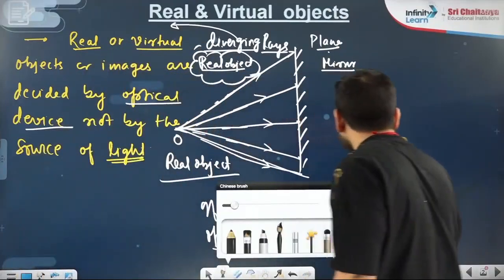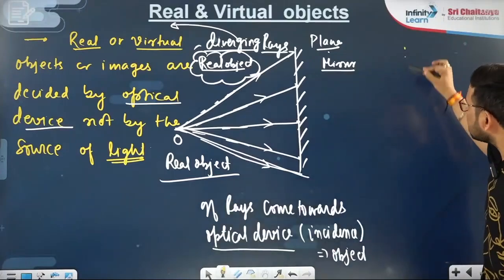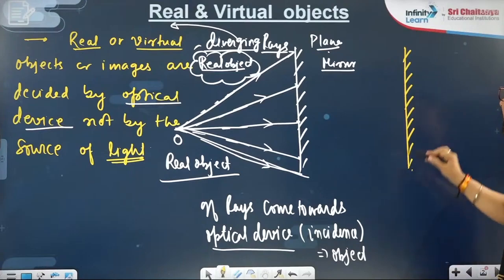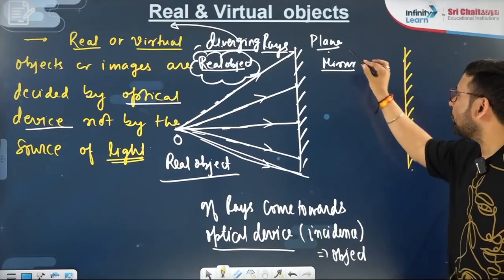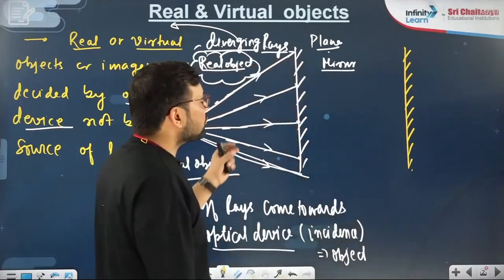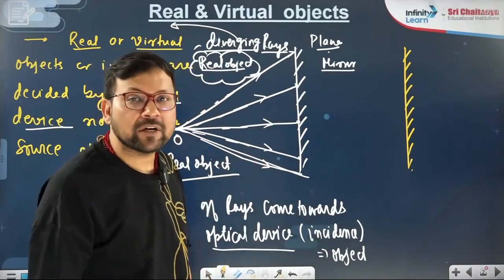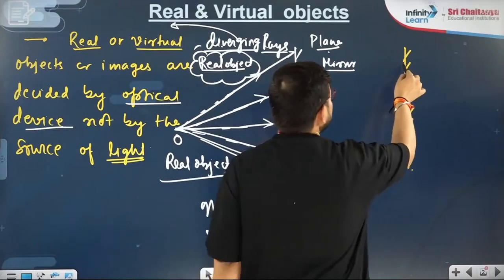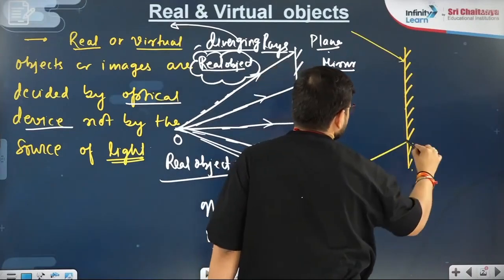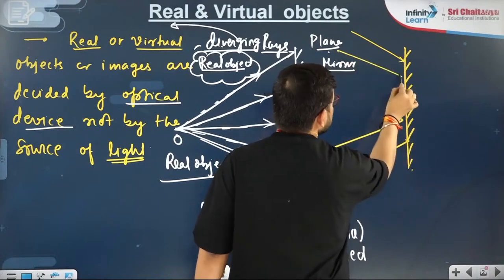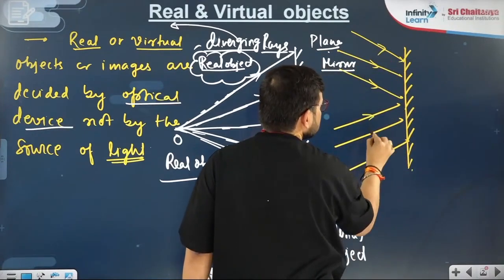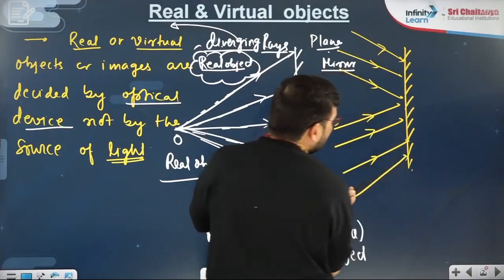Now my second example. If this is the optical device, and the rays coming on the optical device are not diverging, rather they are converging like this. These are converging rays, falling on the optical device.